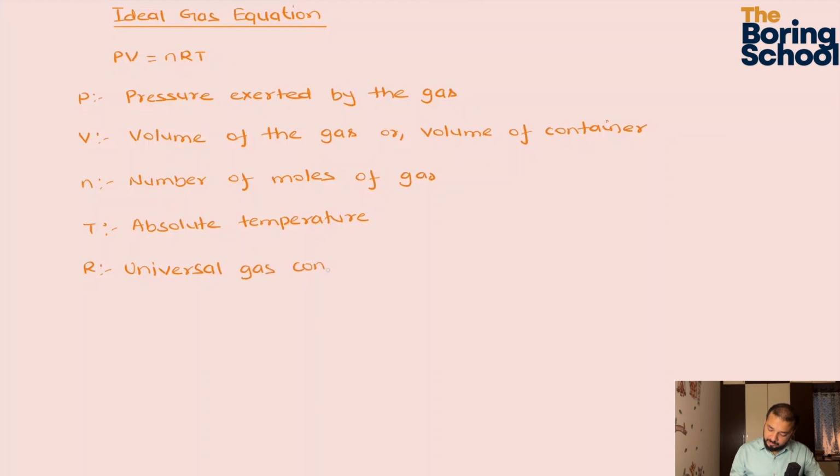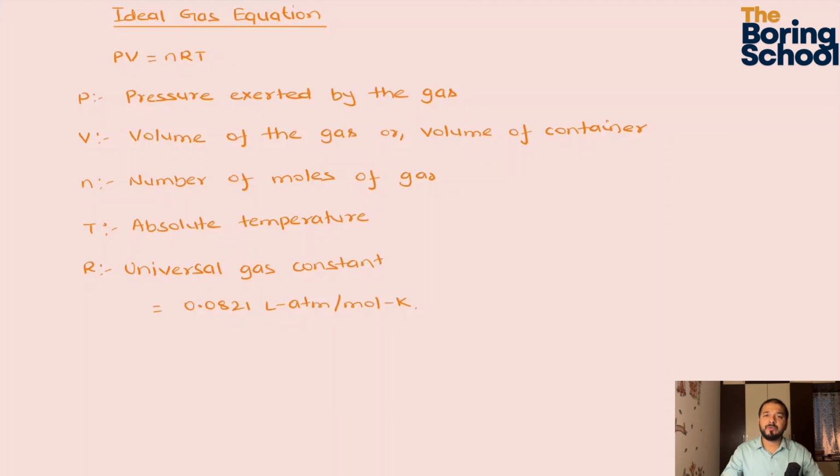The value of the universal gas constant is 0.0821 liter atm per mole Kelvin. That is the unit of the universal gas constant.